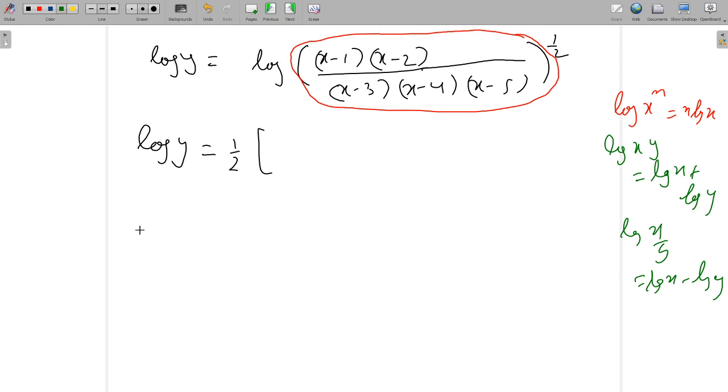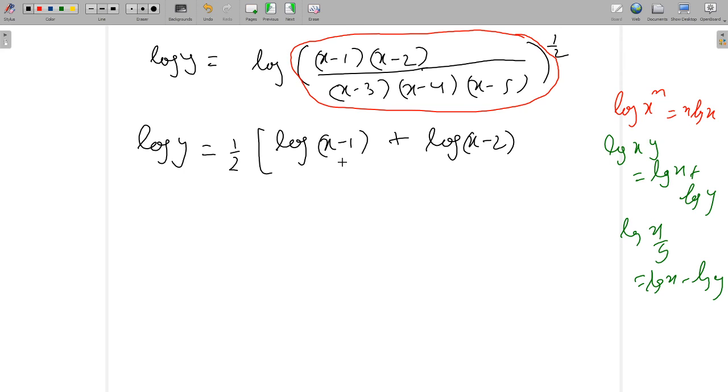So that is what we are going to apply here. Let us now go inside this one. Here x minus 1 and x minus 2 are multiplying, so we can consider this as x and this as y. So this will be log of x minus 1 plus log of x minus 2.